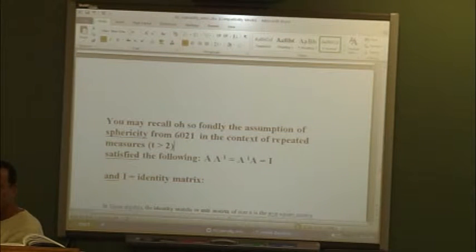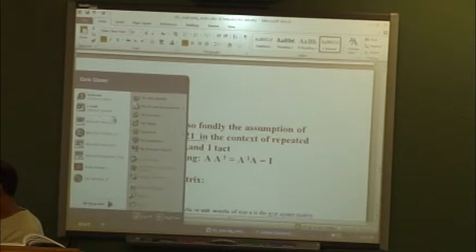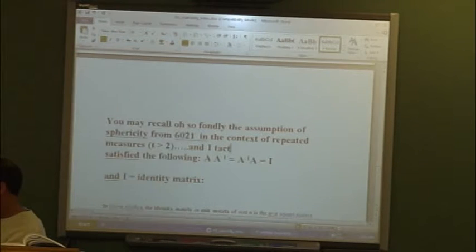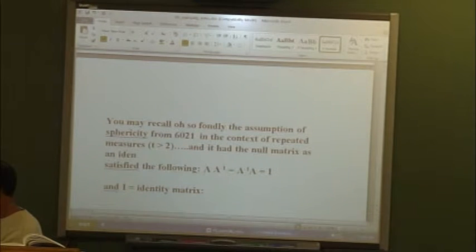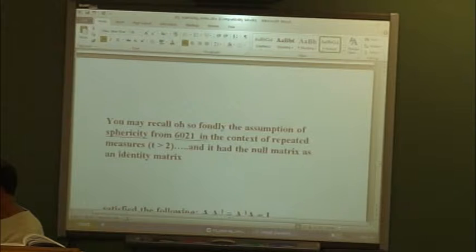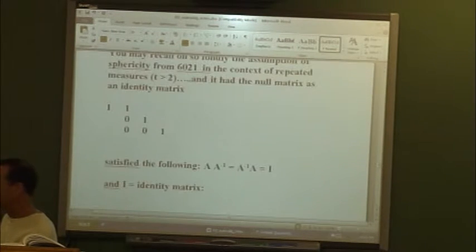Time meaning time. You looked at the assumption of sphericity. And you may remember it had the null matrix as an identity, which was 1, 0, 1, 0, 0, 1.